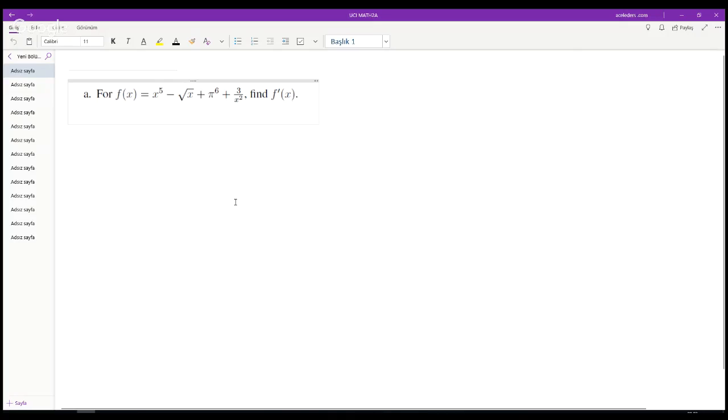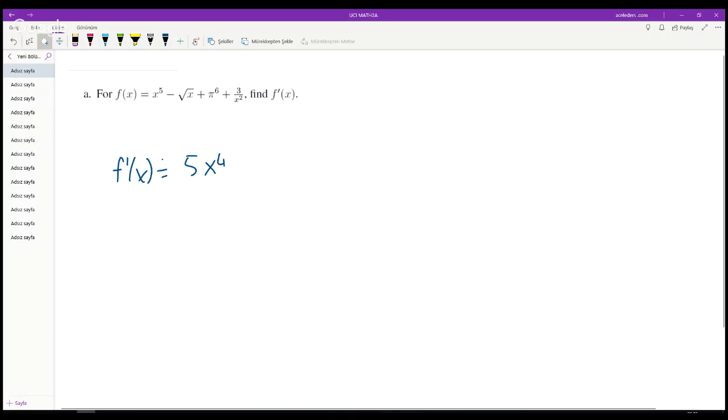So we have a function and we need to find its derivative. The derivative of x to the power 5 is 5x to the power 4, minus the derivative of square root x, which is 1 over 2 square root x, plus the derivative of p to the power 6. Is that 6 p to the power 5?